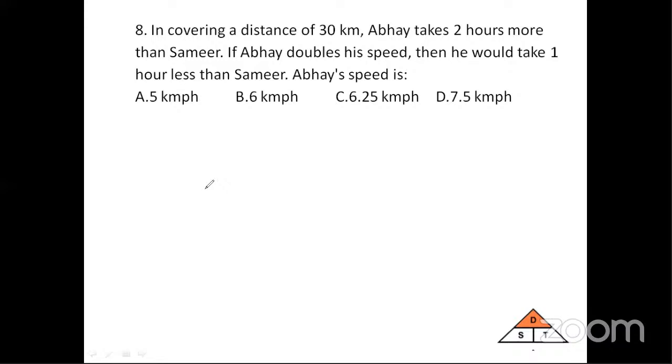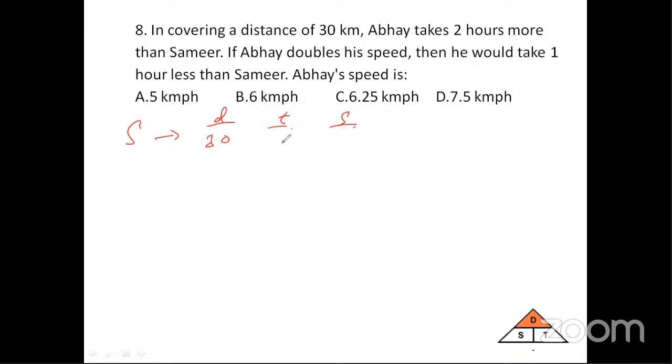Let us consider the distance is the same. So for Samir, distance is 30 kilometers. Then what else is given? Speed is not given, and time is also not given.